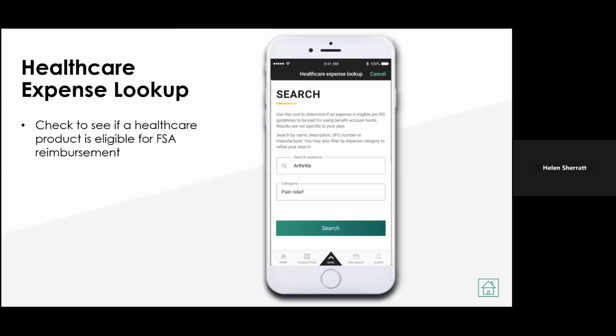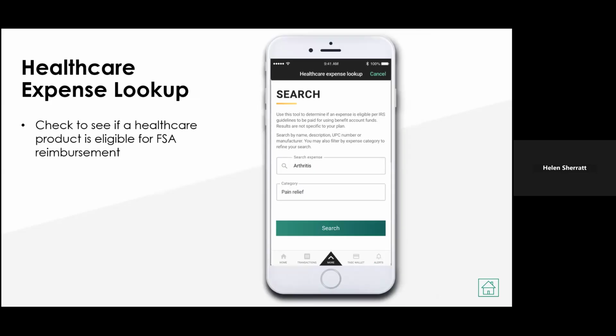This is another one of my favorites with the app. You can get into your app, and I think it's down where it says More, the menu. You click the menu and you can look up a healthcare expense if you're not sure if it's eligible. I find myself doing this in the middle of the drugstore. You can also scan the barcodes of the item.